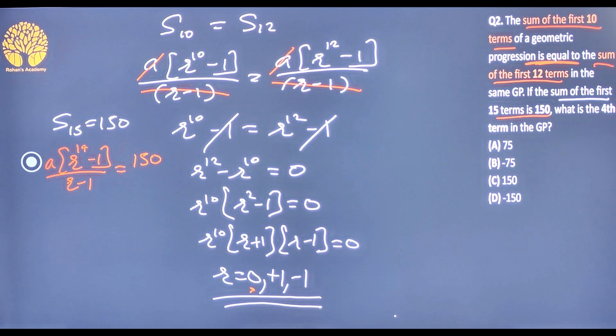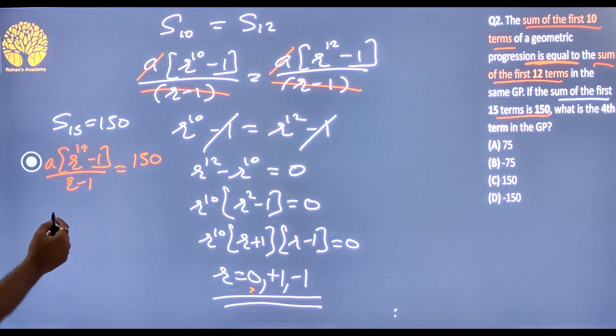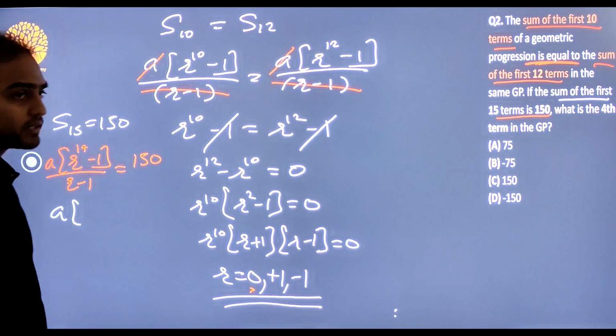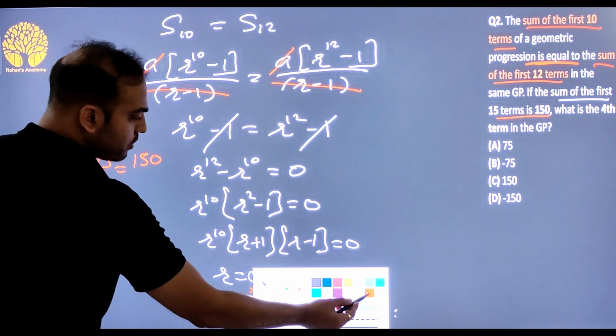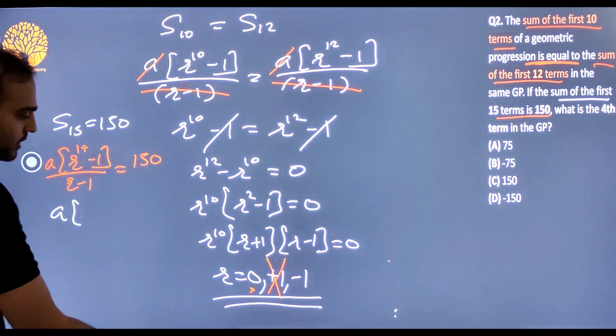This becomes a not defined number. So R has to be either 0 or minus 1. Plus 1 has been rejected.